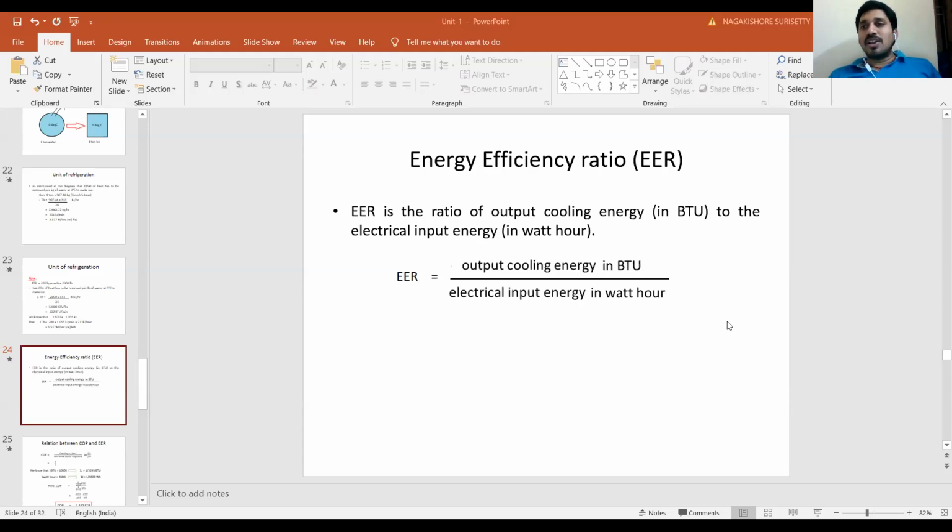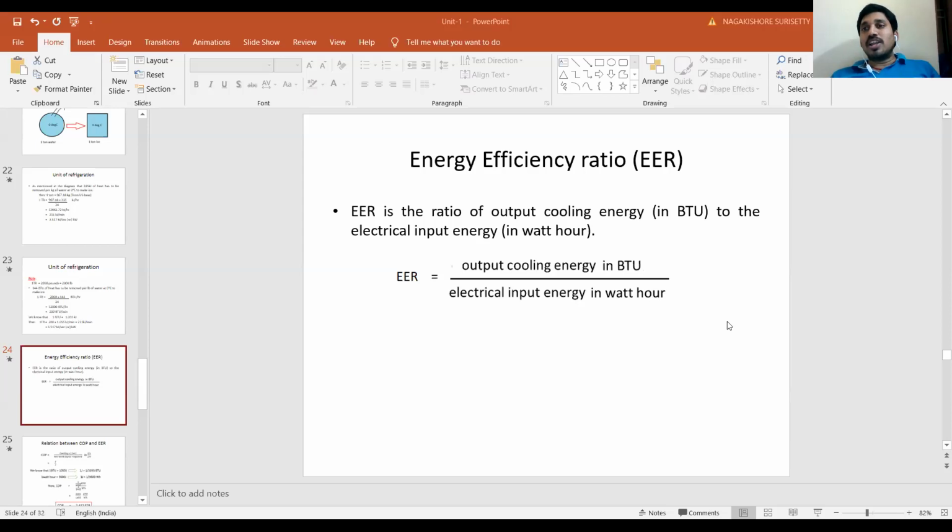Same thing I have given on this slide. EER is equal to output cooling energy in terms of BTU over electrical input energy in terms of watt hour. Don't consider that the numerator and denominator are in watts or power. No, these are not in power. These are only in energies.